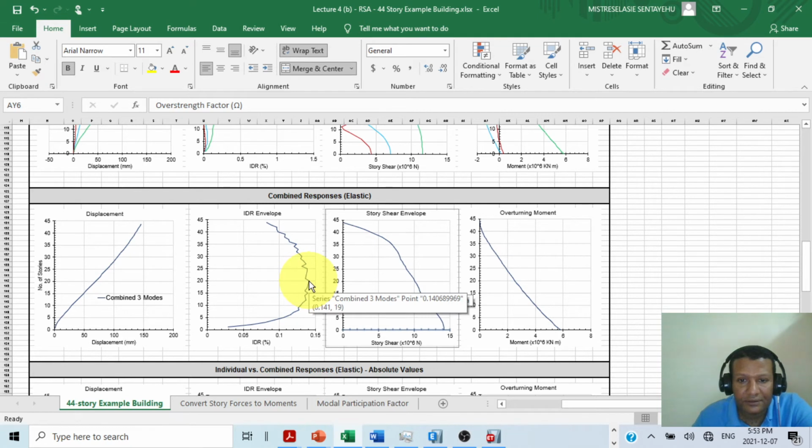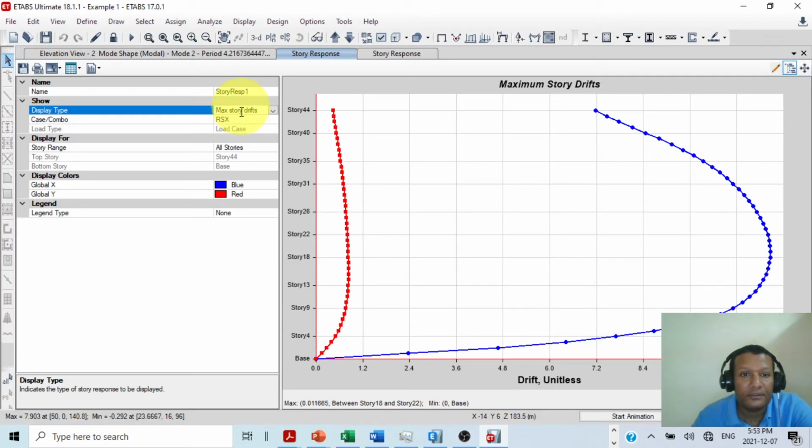Okay, this is percent, 0.13% maximum, and the story shear. Maximum story shear.